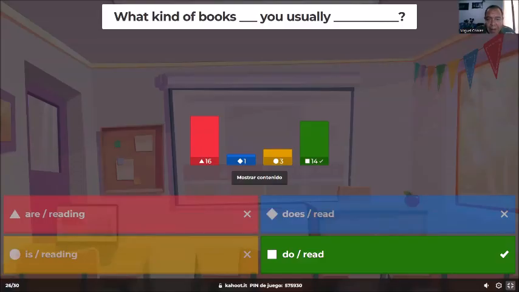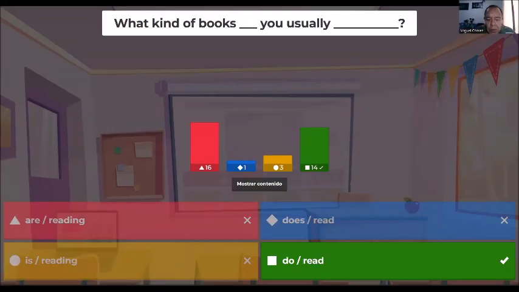Do and read are the answers. What kind of books do you usually read?